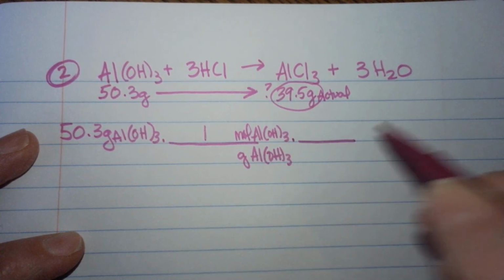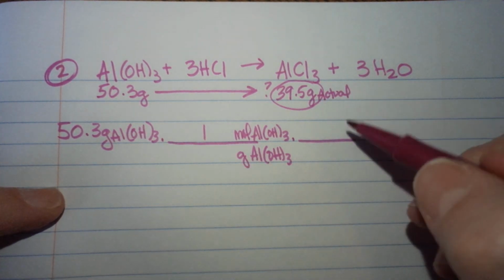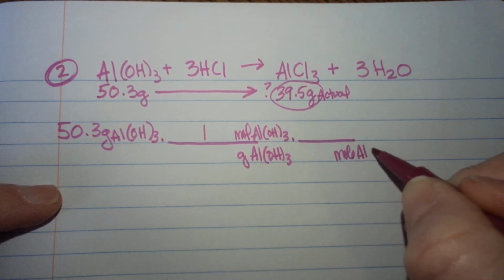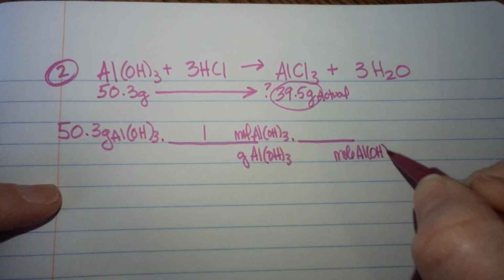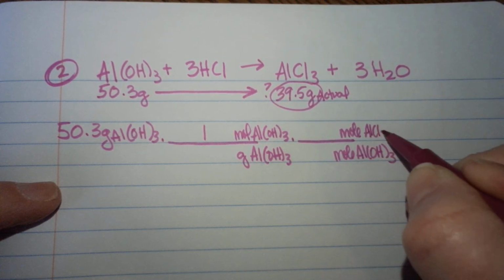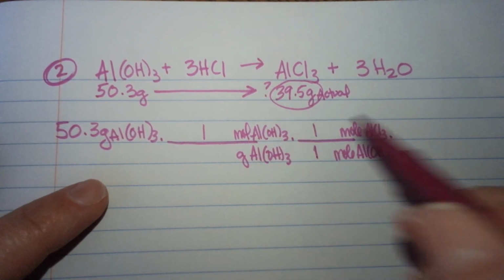We'll come back and do that. Molar mass here in just a second. Now we're ready for our stoichiometry, the mole to mole ratio. Conveniently, they're both 1, so that's nice.